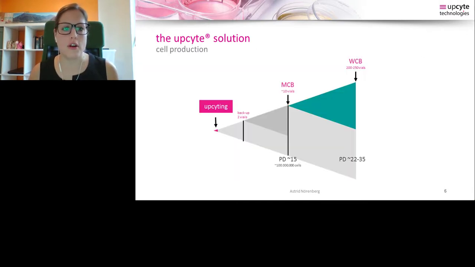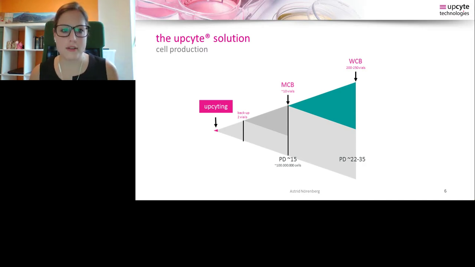So as I said before, I'm going to explain the production scheme again. We start with the upcyting. We can start with a few 100,000 cells, but it's preferable to have more, like 5 or 10 million, or basically a vial of primary hepatocytes.